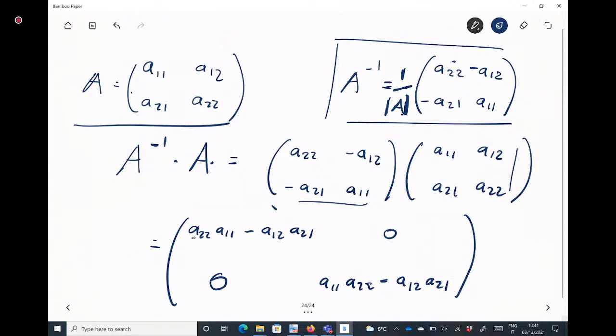So what we learn here is that the product between a matrix and its inverse is a square matrix having the determinant of A here, 0, 0, and the determinant of A. Okay?